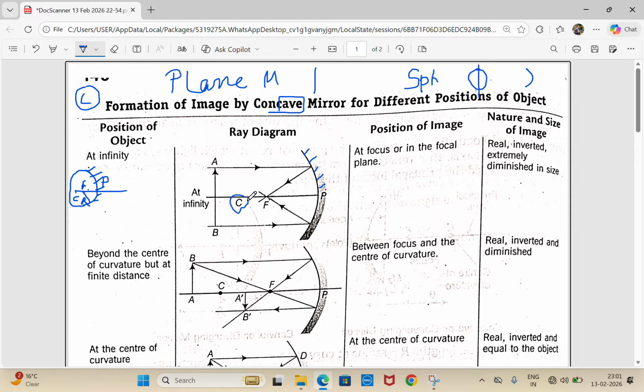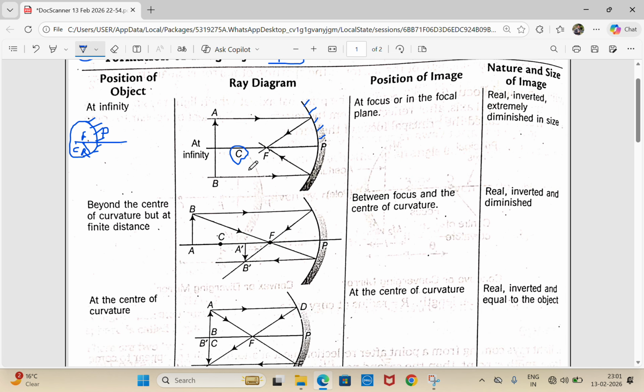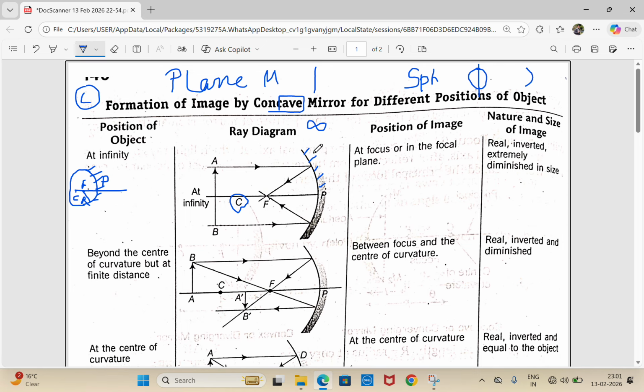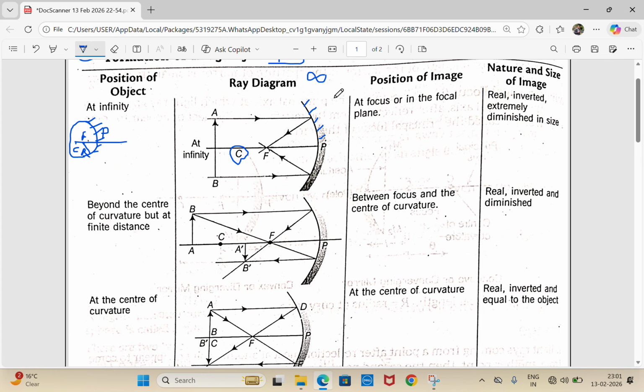Which we are witnessing here as C. So while a ray is going through, we have to memorize some formulas, like if the ray is coming from infinity, or coming out from the focus, or coming out from the center.